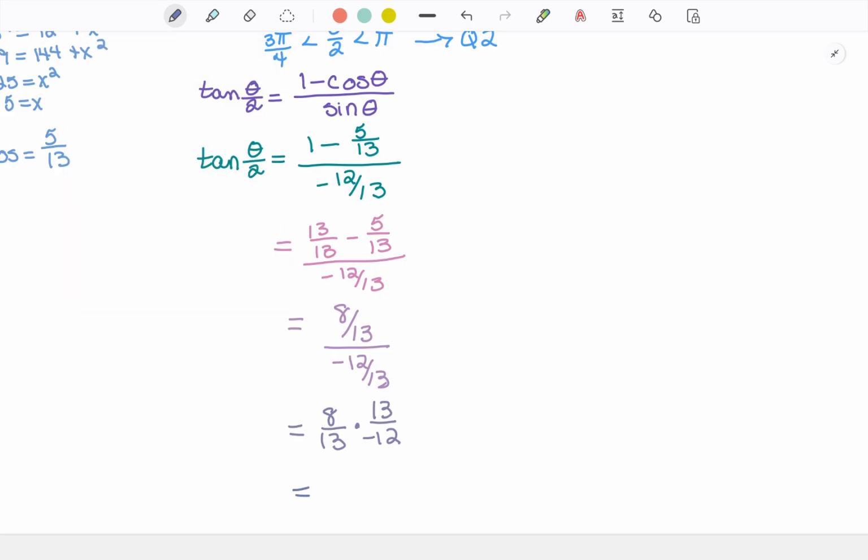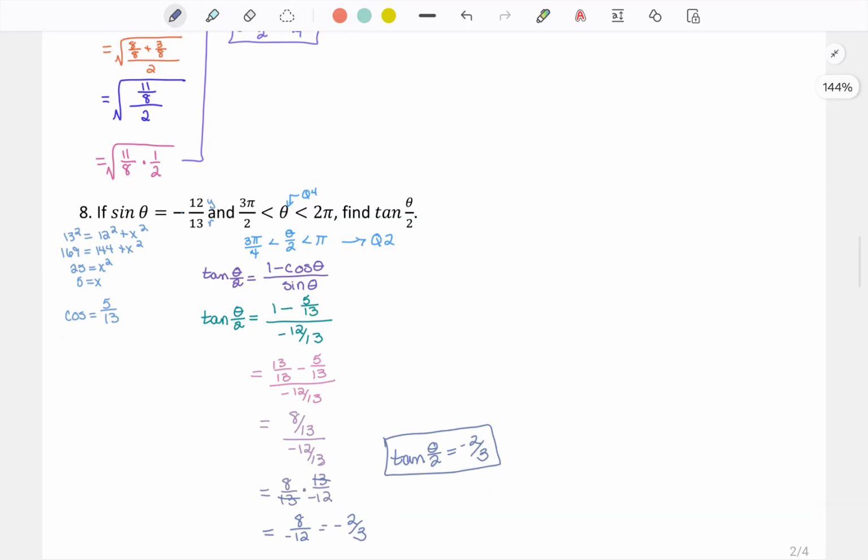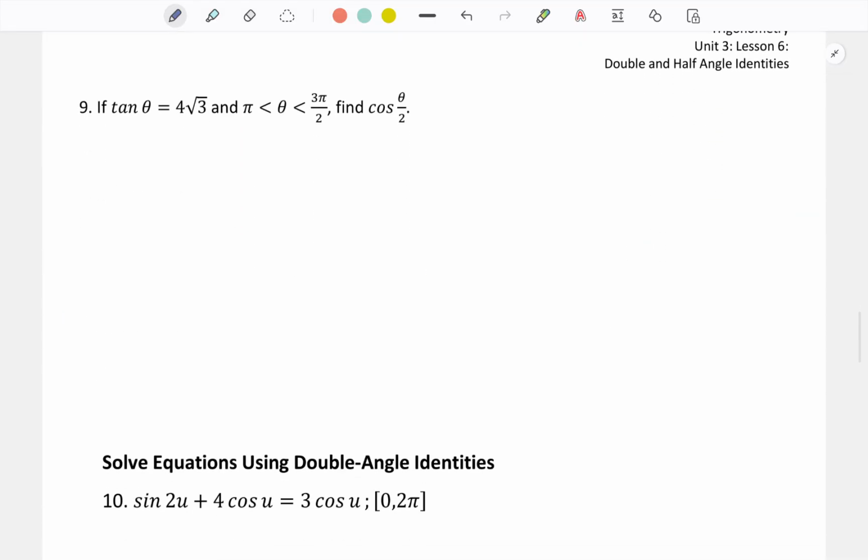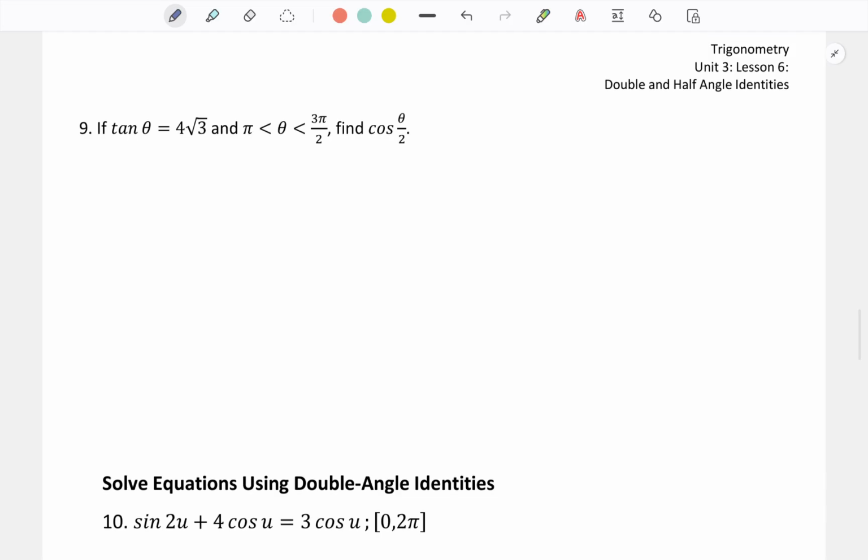And cancel the 13s, that gives us 8 over negative 12. And then we have negative 2 over 3. And so that is our tangent of theta over 2, negative 2 over 3. All right, so for number 9, I know this is starting to get to be a long video.